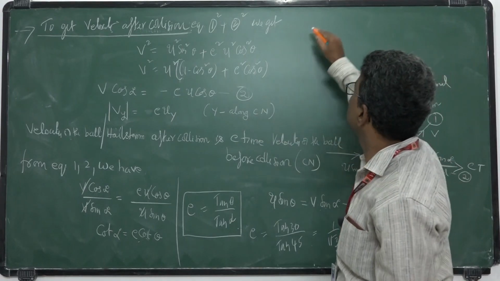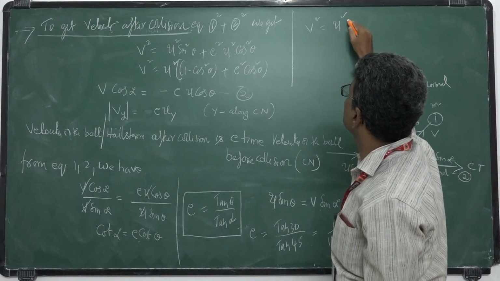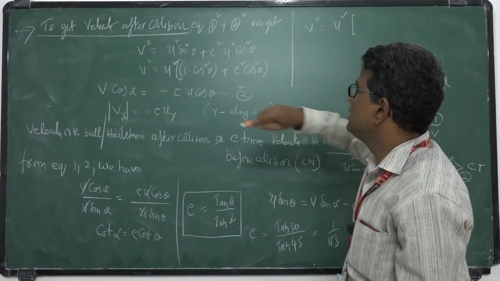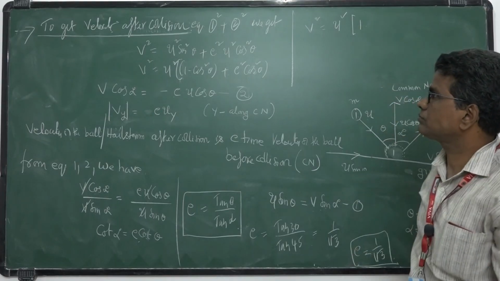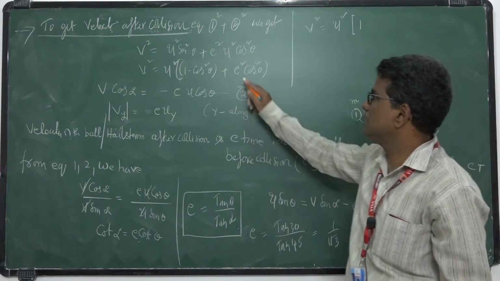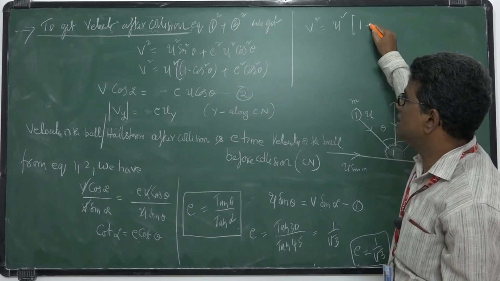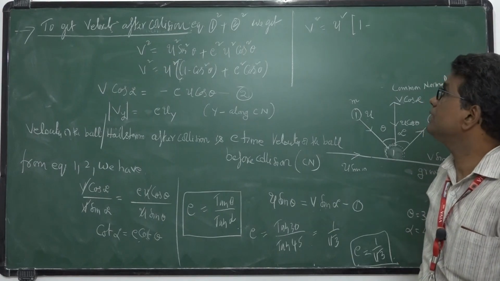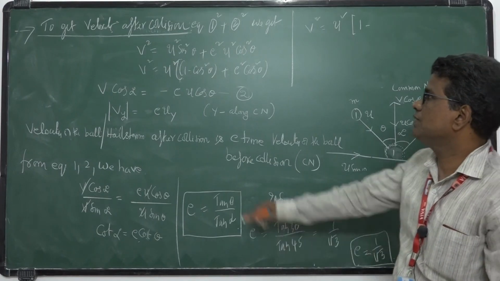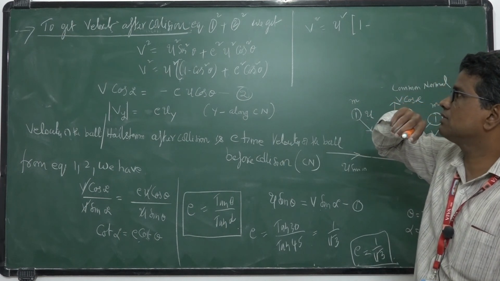So v square is equal to u square into 1, and taking cos square theta as common, minus cos square theta plus e square cos square theta.